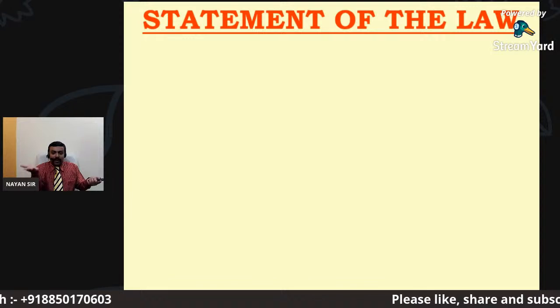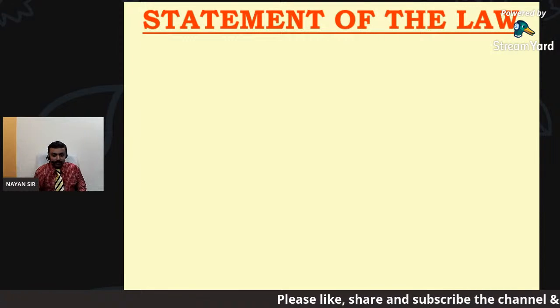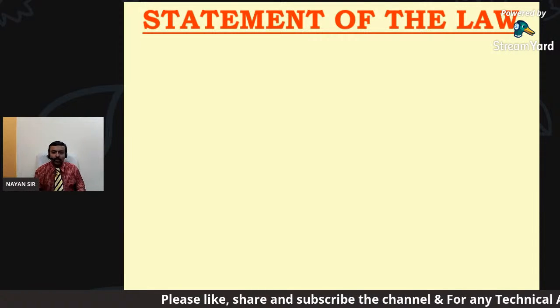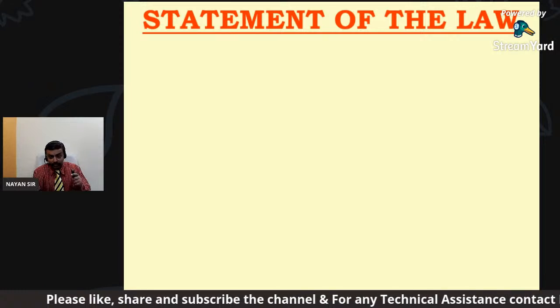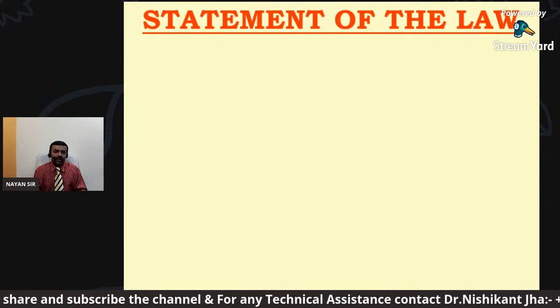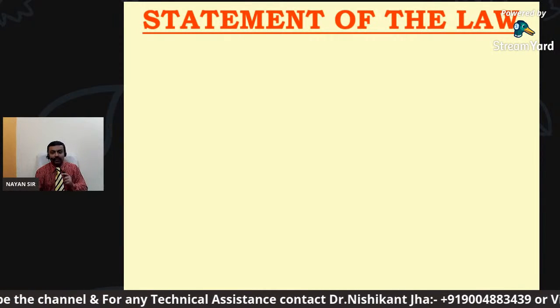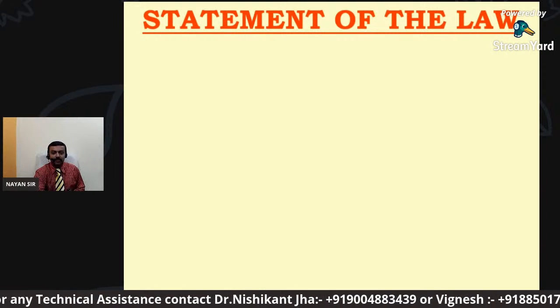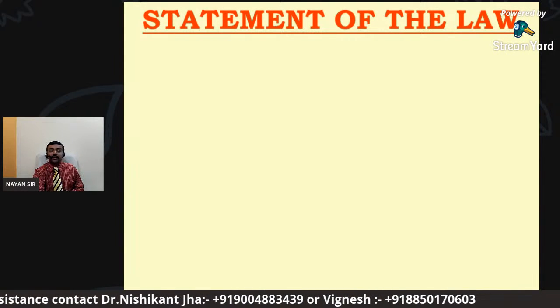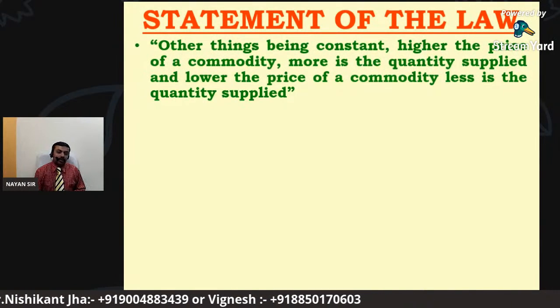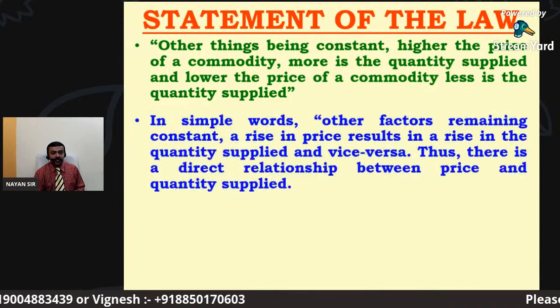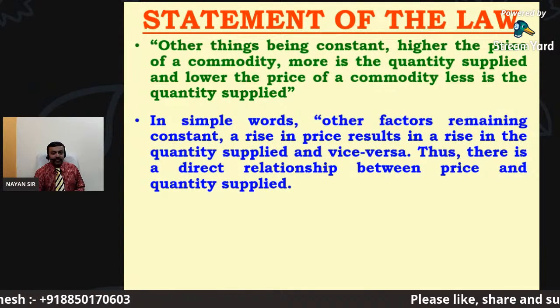But here the price is high, so supply also is higher; lower the price, less is the quantity supplied. In other words, other factors remaining constant, a rise in price results in a rise in quantity supplied, and vice versa, friends.